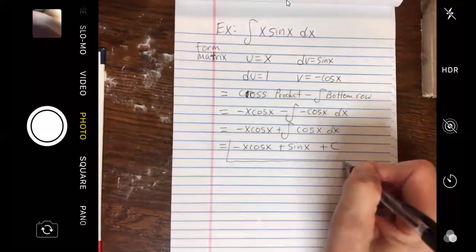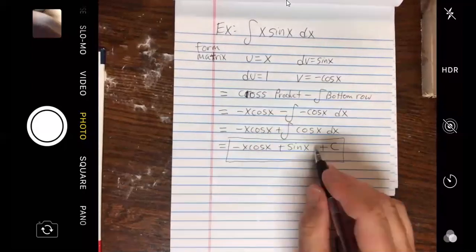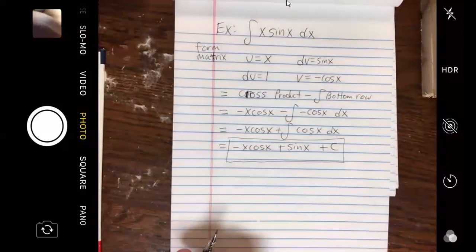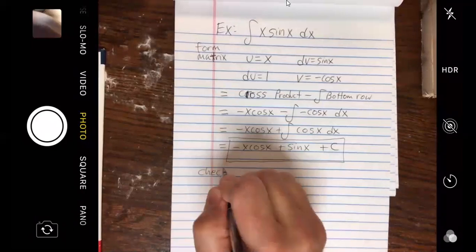Anybody want to see that? Take a derivative on that? Or do we all believe that if I did a derivative, I'd come back to this? Could you actually do the derivative of this one? I would be thrilled, yes. So check.